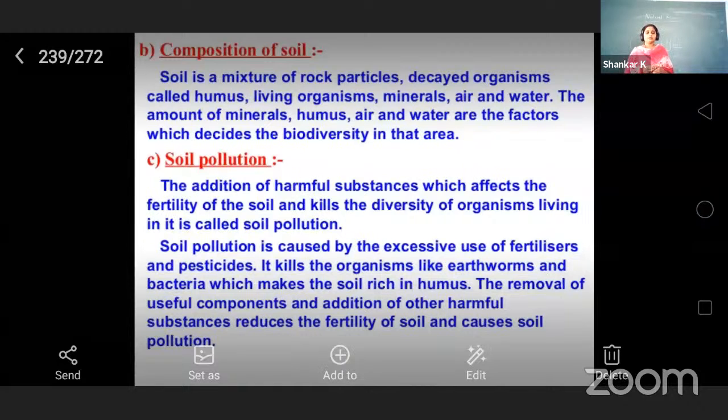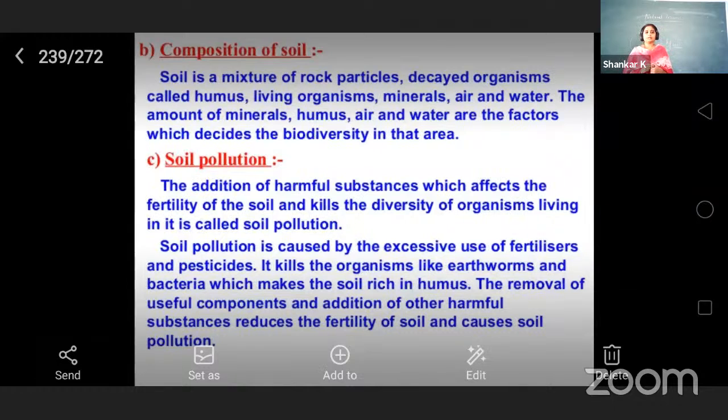Organisms which live in the soil, like earthworms and bacteria, make the soil rich in humus. Bacteria live in the root part of plants.